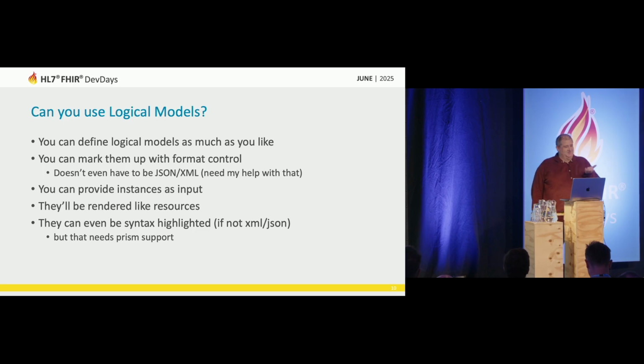Because it's just all logical models. And you can see why "logical models" is such an awful name, but we had no idea where it was going to go. It just derives from the classification of the model in the structure definition. And so actually, here's another thought for you.